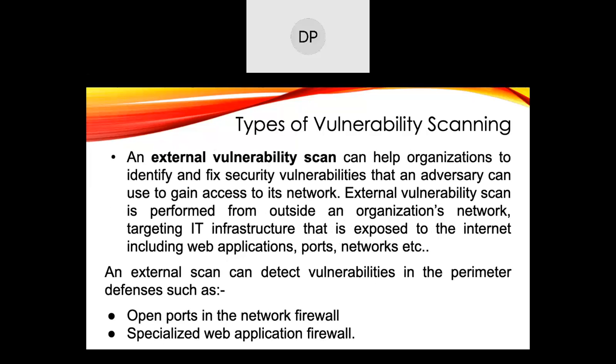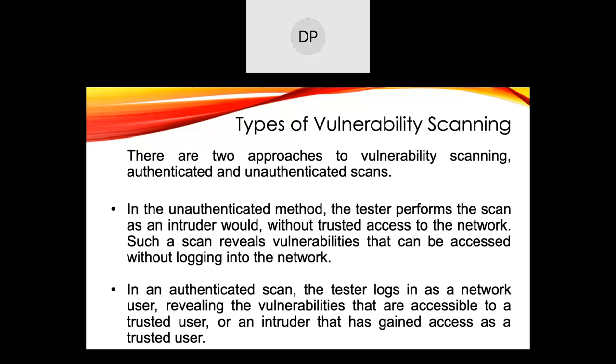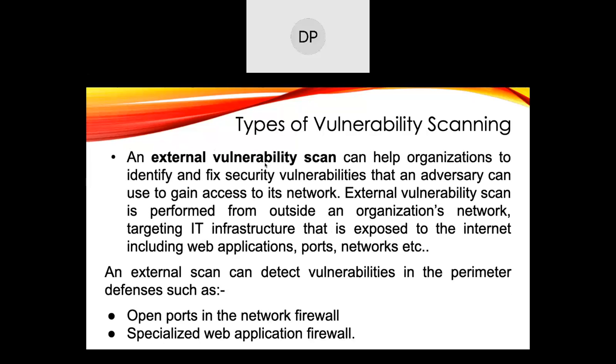There is another type. Based on the authentication, we divide scanning into two types, but based on internal and external factors, there are two types of scan: external vulnerability scan and internal vulnerability scan.